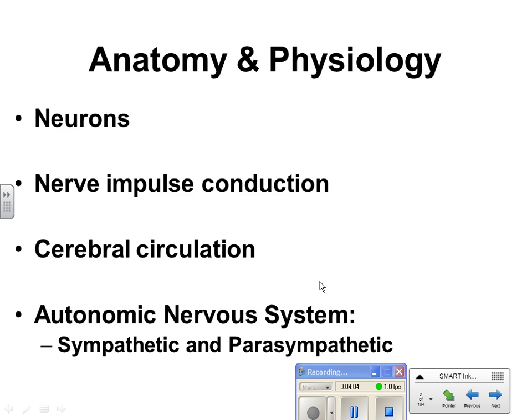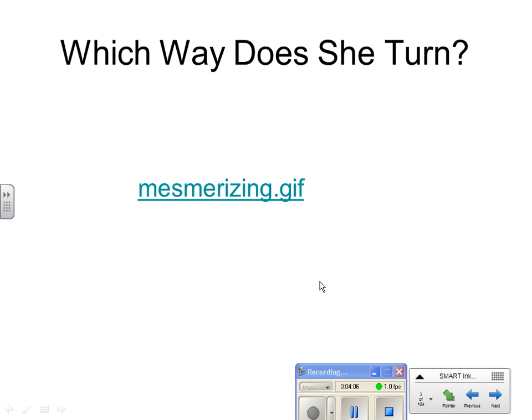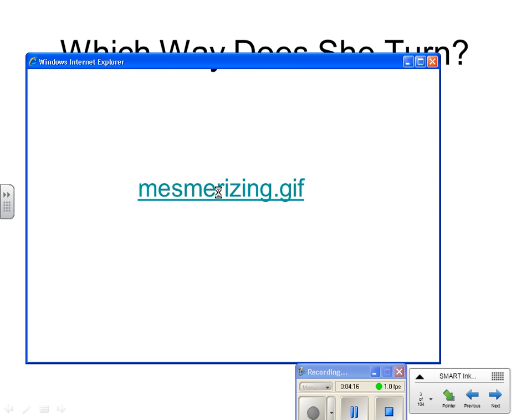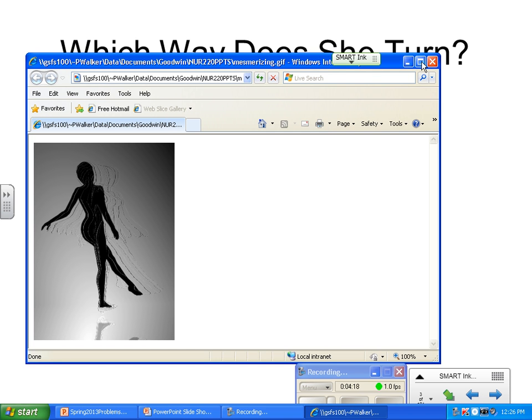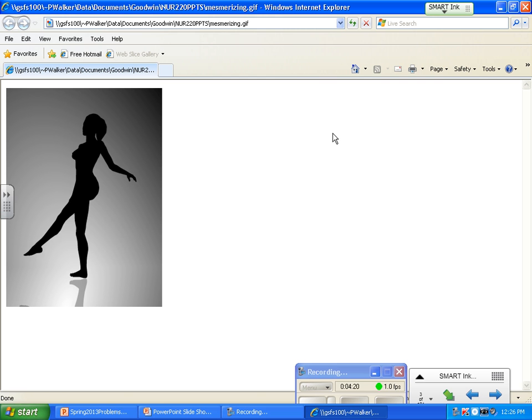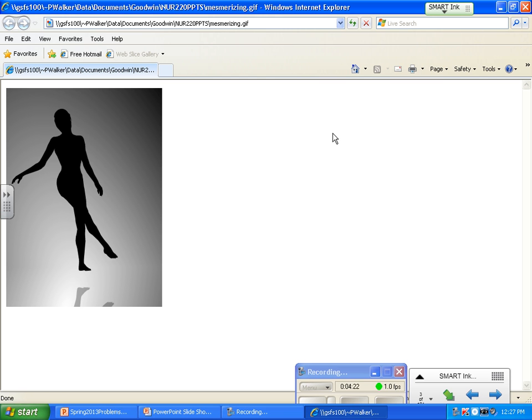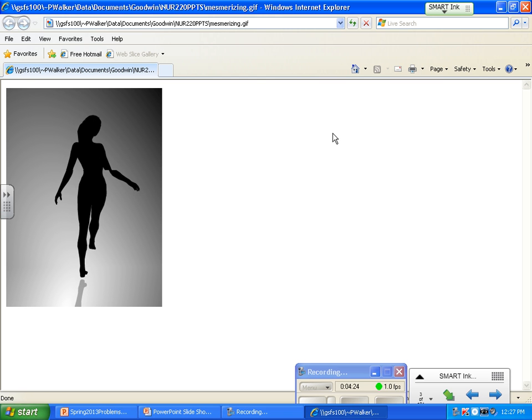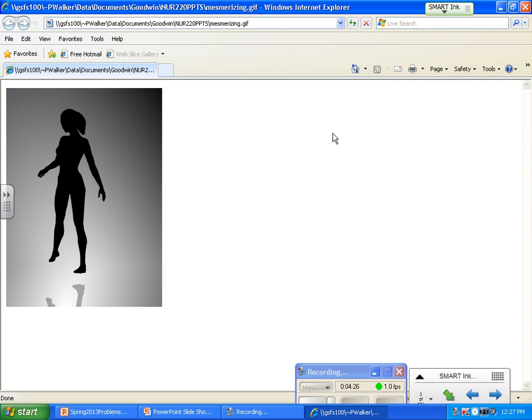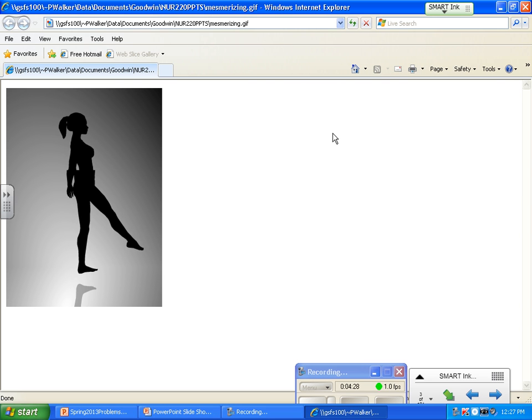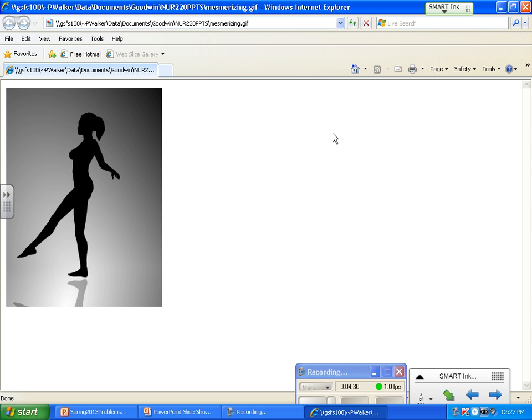Now this is kind of an interesting picture, not an interesting respiratory link, but what I'm going to have you do is look at this picture and tell me, or think to yourself, and then I'll ask you what you see, which direction she is turning. Is she turning clockwise, or is she turning counterclockwise? So look at it for a bit, and then I'm going to ask for a show of hands. Okay, who can see her turning clockwise?